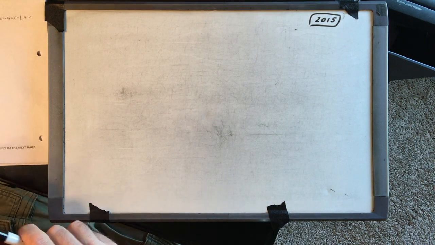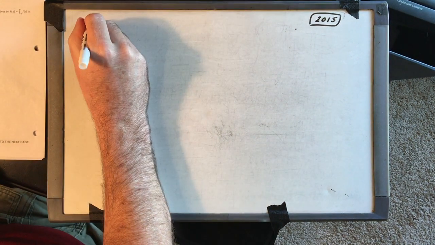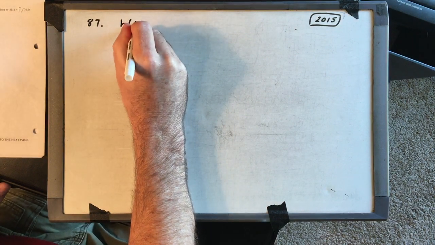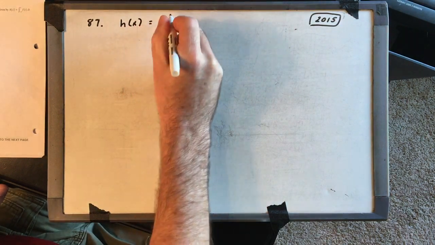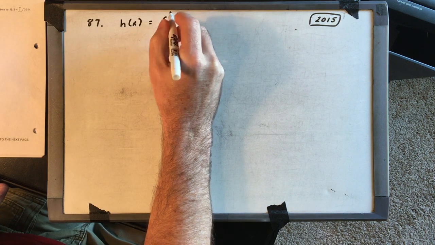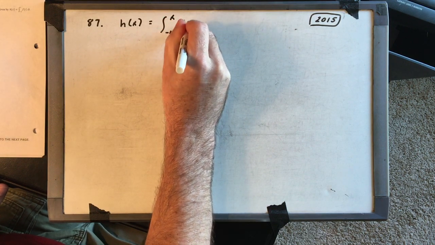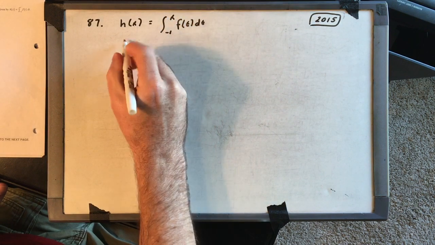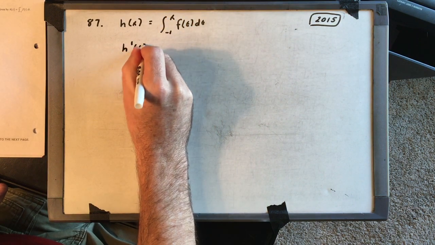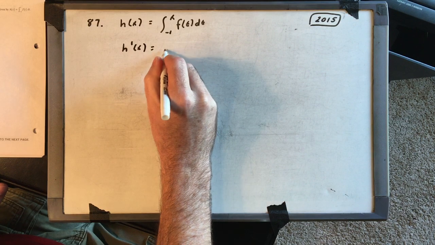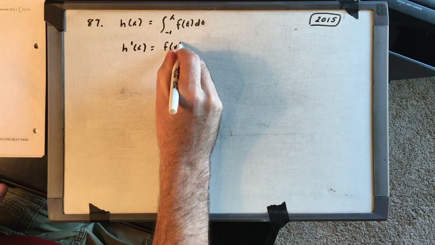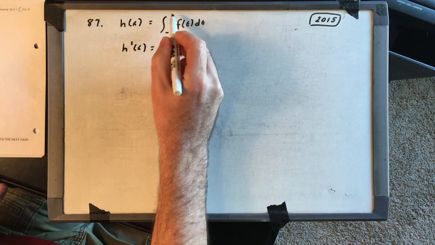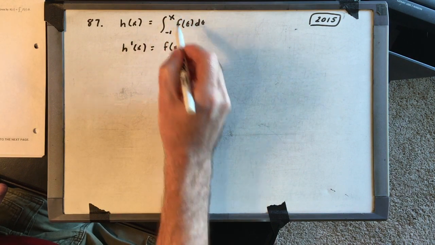Okay, 87. They give us the fundamental theorem of calculus, with the integral from -1 to x of f of t dt. If you want to get h prime, you plug in x and then multiply by the derivative of the upper limit x, which is just 1.